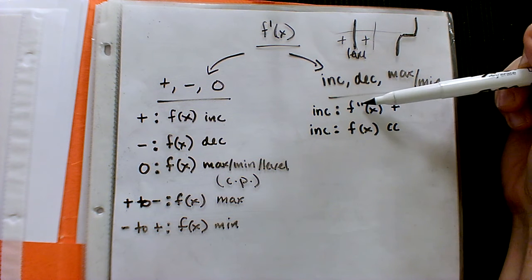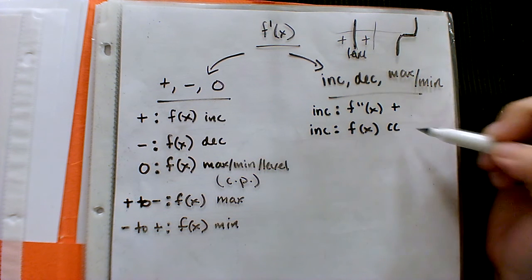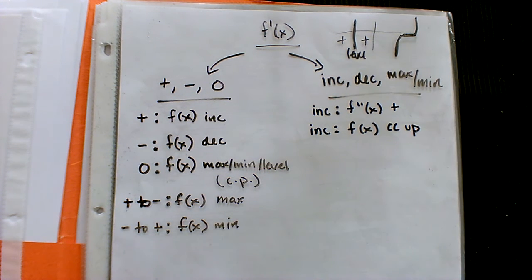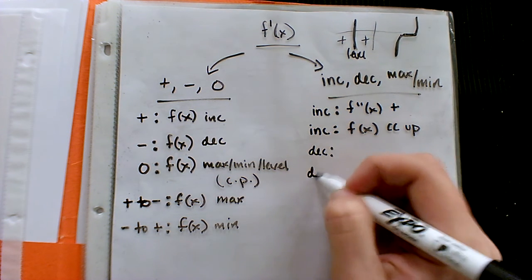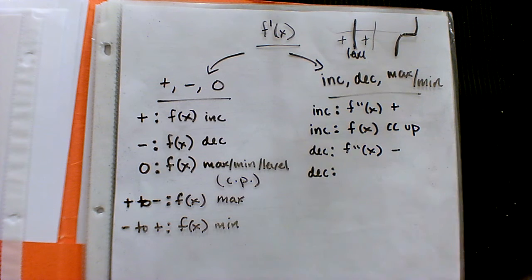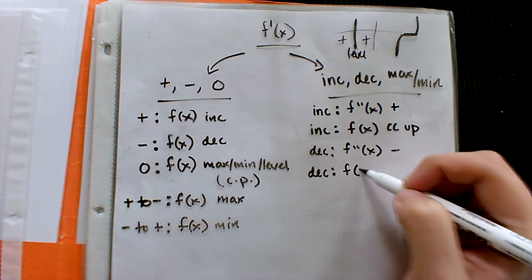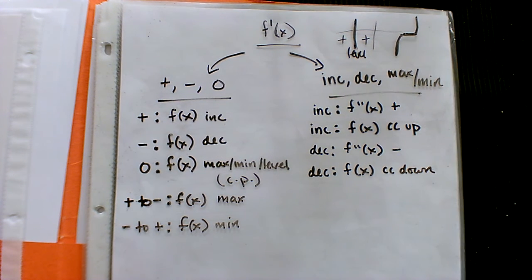You can also see if the second derivative is positive, the original function is concave up. We can do similar statements for decreasing. The second derivative is negative, which means the original function is concave down.